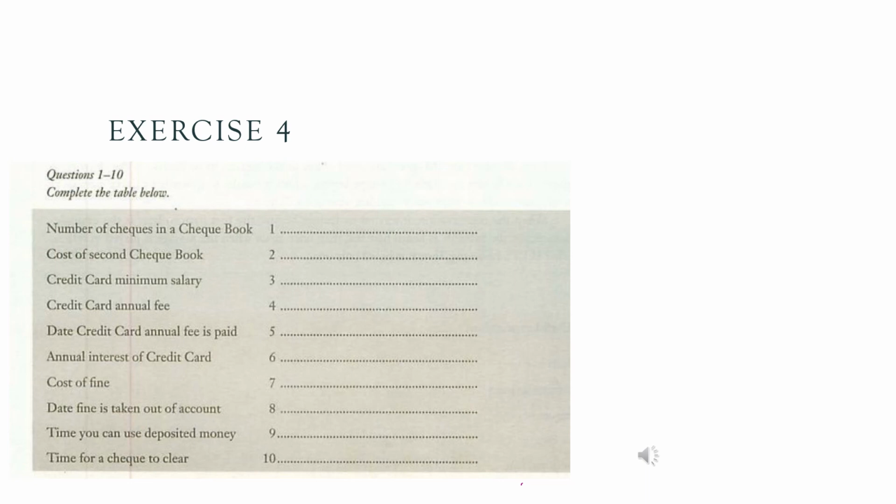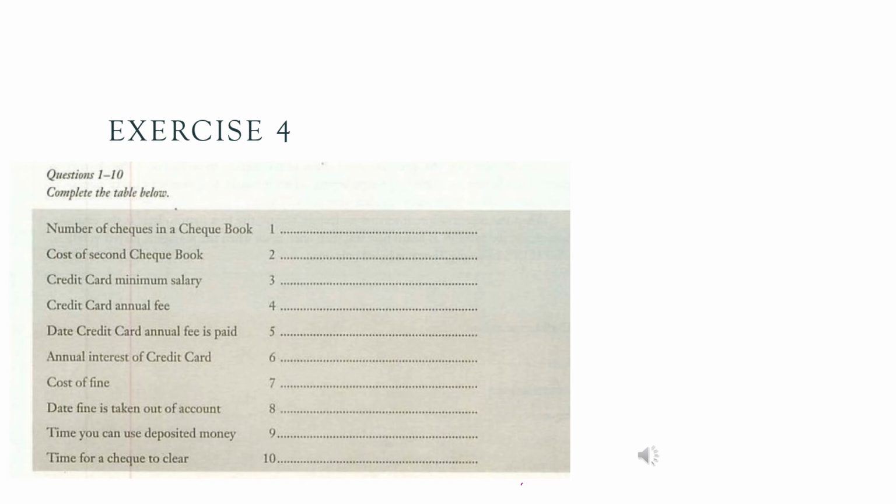Let me tell you about the different services of the account. First, you can have a checkbook. Your first book is free and has 20 checks. Your second book you must buy. It costs $10. You can use it if you have no cash. You can have a credit card if you have a salary more than $800 per month. There is an annual fee of $5. You pay this on the 1st of January each year.